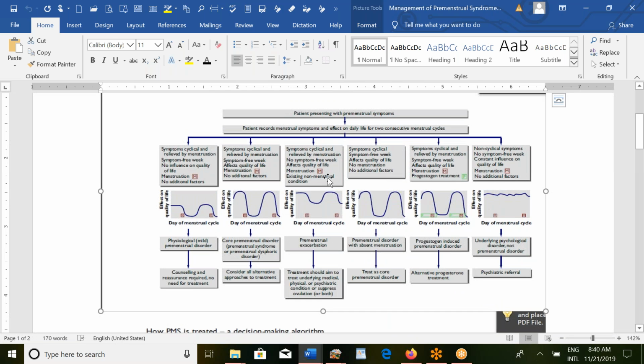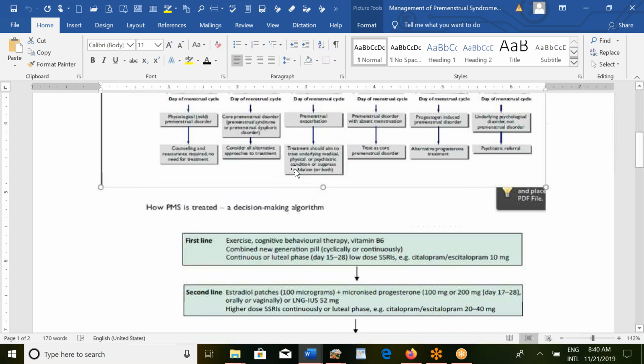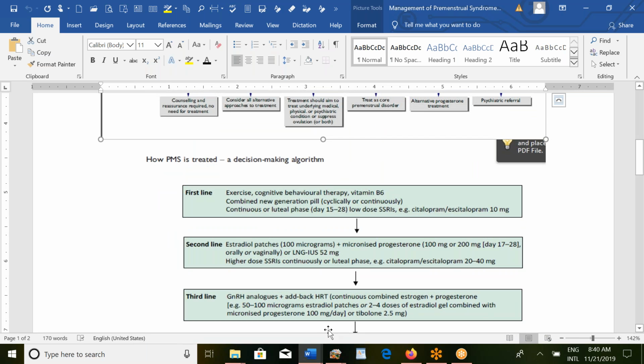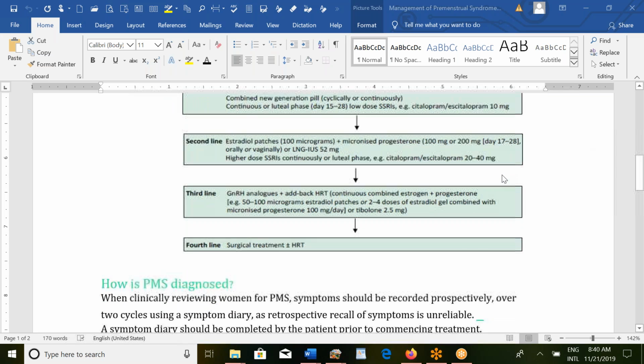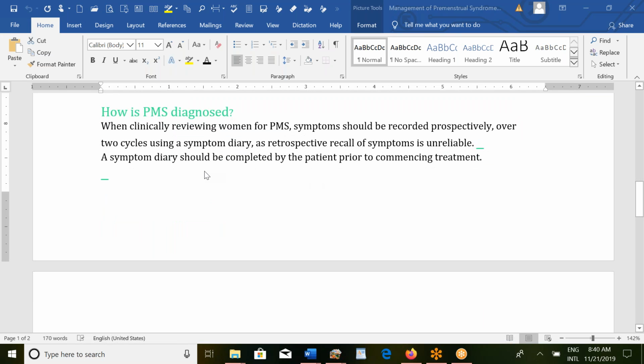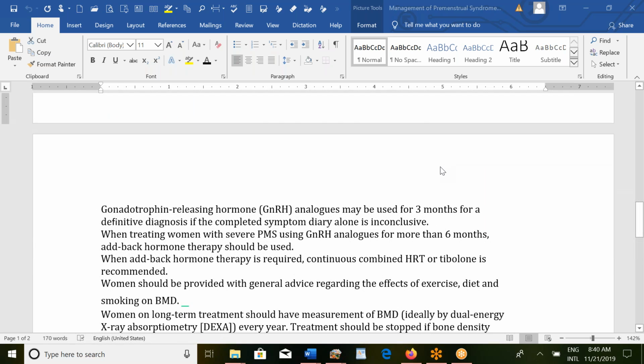They have told you she has this problem and she is unable to carry out her daily routines. In that case, you should mention what you will do. If they have not given you the diagnosis, then we have to give her the symptom diary, so that she will fill that. It should be completed by the patient prior to commencing treatment. You have to establish that.